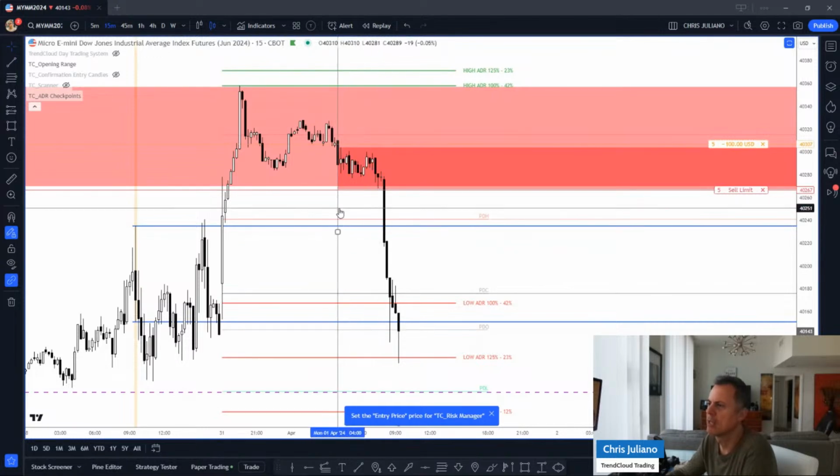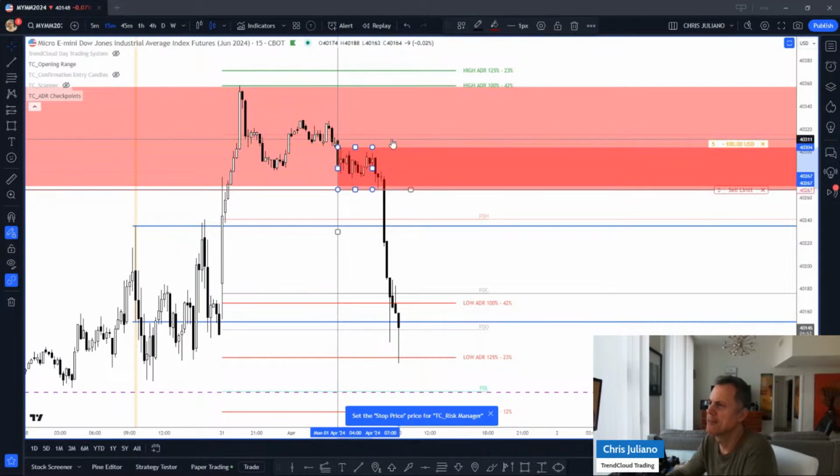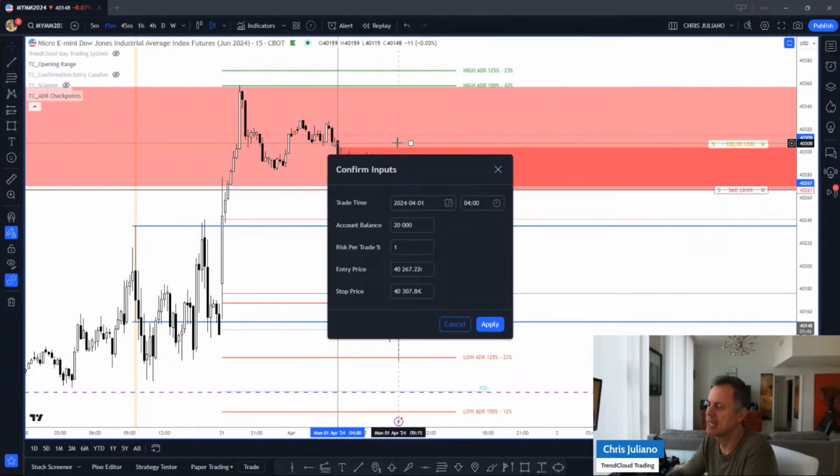Click once. Now the first horizontal line is your entry point, so let's put that right there. Click. The second horizontal line is your stop loss, so let's put that right there. Click again. And now you've got an account balance, say 20,000, 1%, whatever you want to put there.